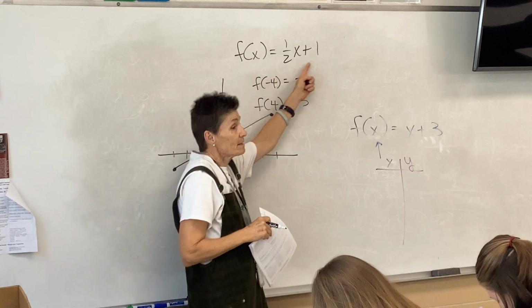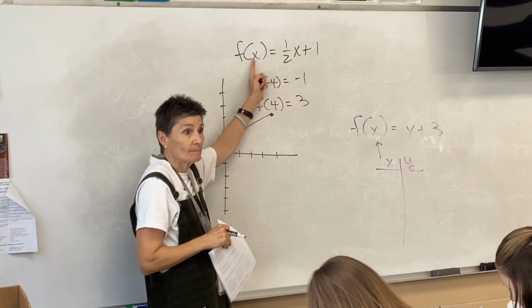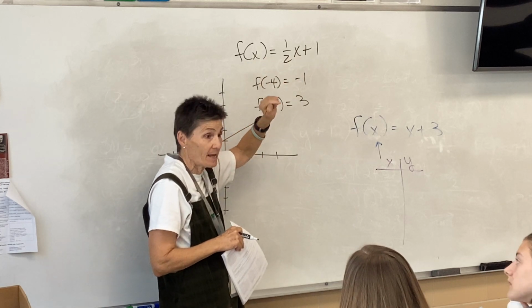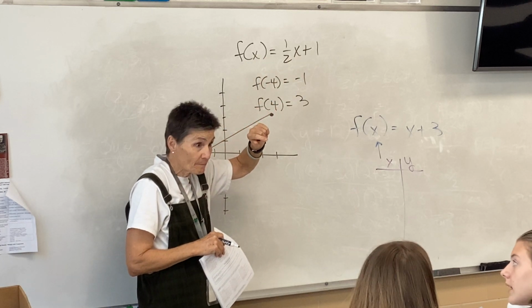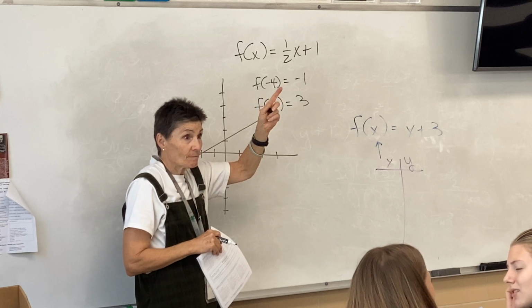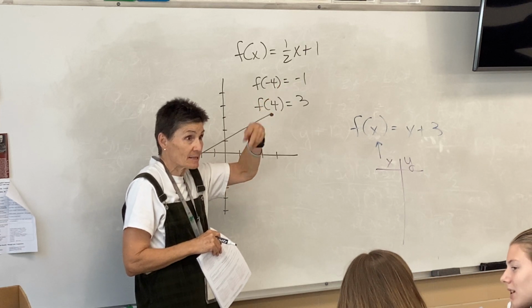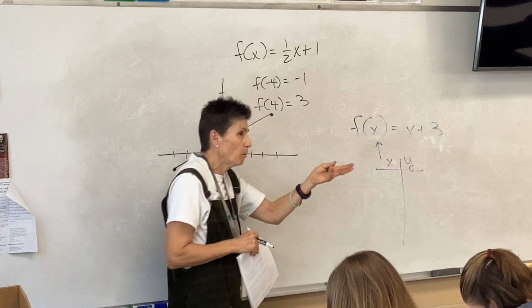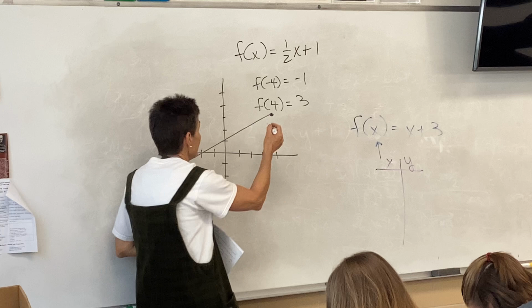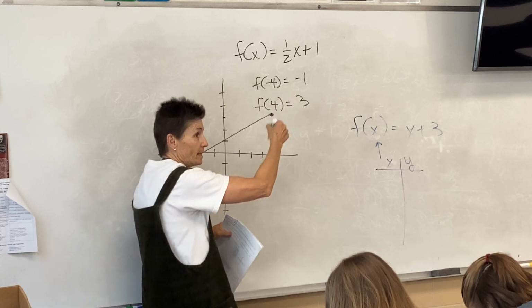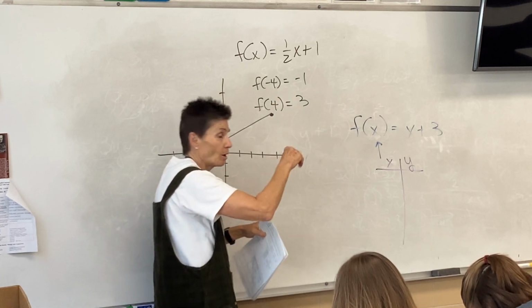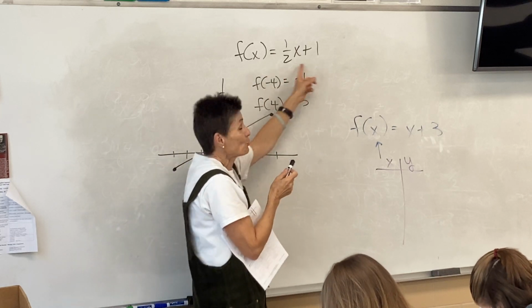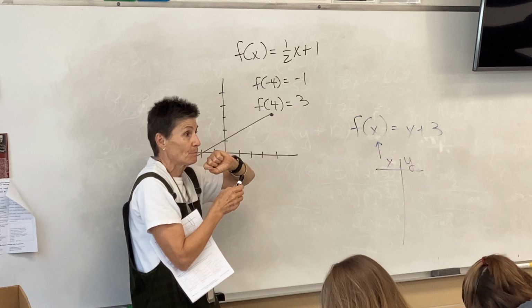Because what kind of an equation is this right here? mx plus b, which means it's a line, right? So aren't they going to be linear? I mean, isn't it going to be just connected? Yep. Now, if you wanted to plot more points, like I put in -4 and 4, could you put in 0 and 2 and -2 and all this? Absolutely. But as soon as you wrote this down, you should have recognized, oops, I have a line.